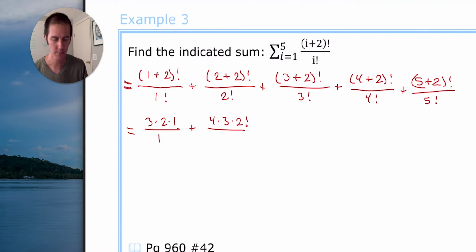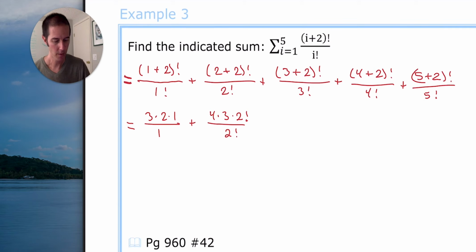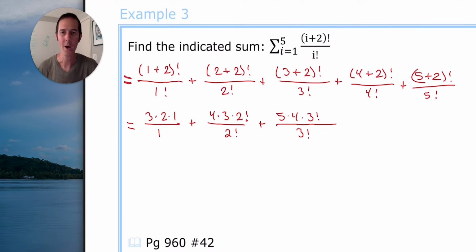I'm going to leave that just as 2 factorial because my denominator is also 2 times 1, which can be written very succinctly as 2 factorial. And then the next fraction, 5 times 4 times 3 times 2 times 1, and in the denominator, 3 times 2 times 1. Why write it out when we can just leave it in factorial notation? It's so much more compact.